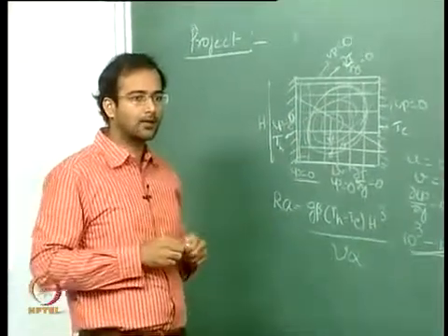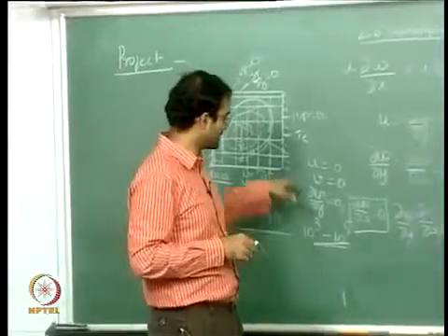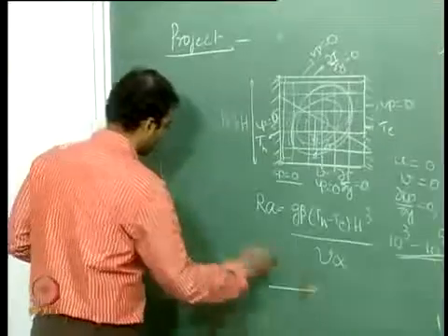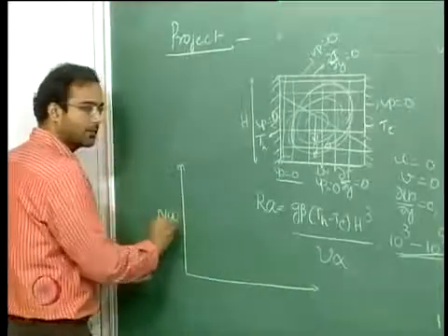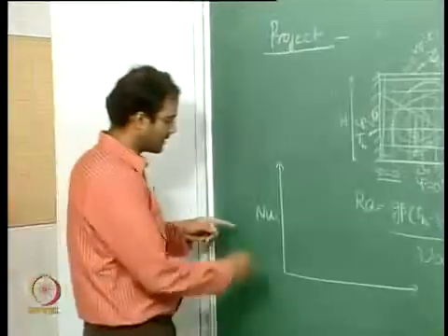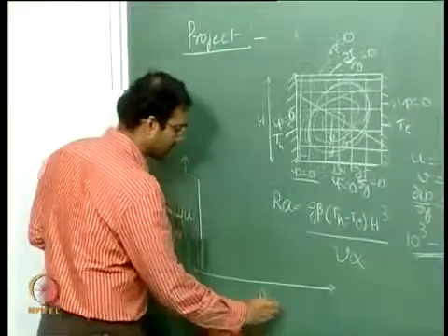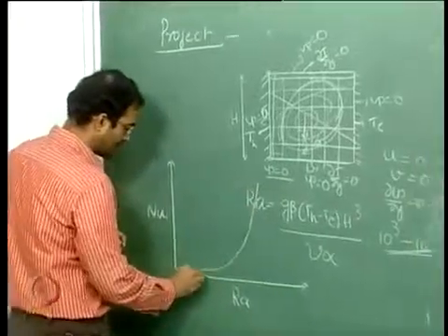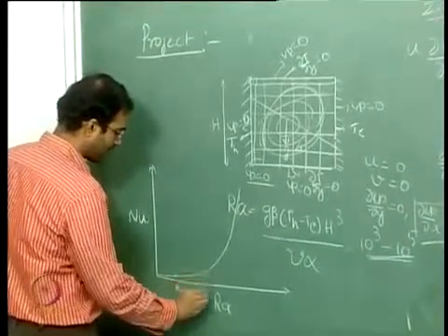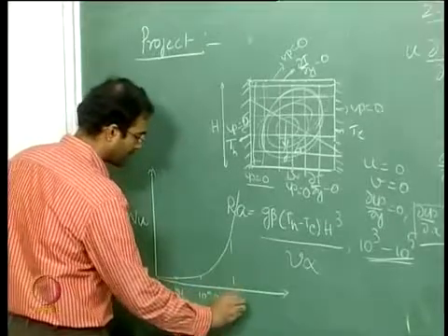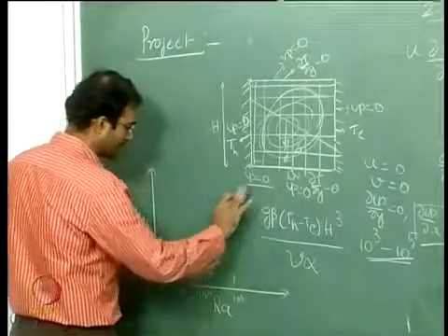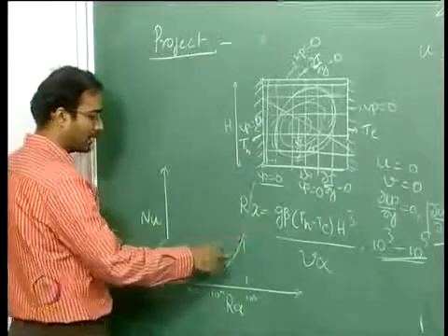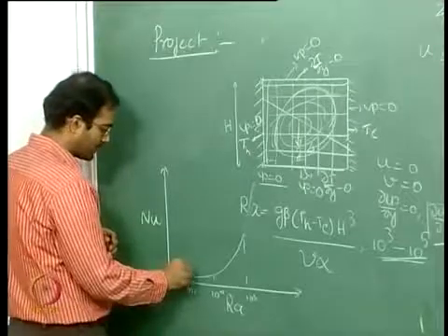Already in the document for 10 power 3 I think he has given the streamlines, and also for 10 power 4, and you should also plot the Nusselt number that you get as a function of the Rayleigh number. I think in the document he has also given that you start with say 10 power 3 and then 10 power 4, 10 power 5, and you can stop with 10 power 5, just a representative, and you can see the computed values which he has given there and your computations.